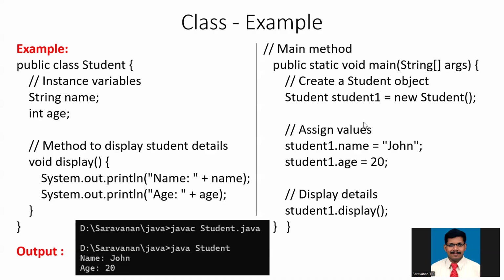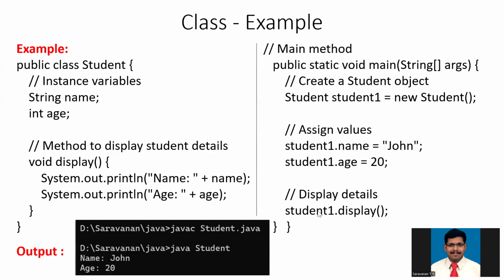Then student1.name refers to the variable created for student, and age is the variable created for the student. Now you assign the values: John for name and age equal to 20.